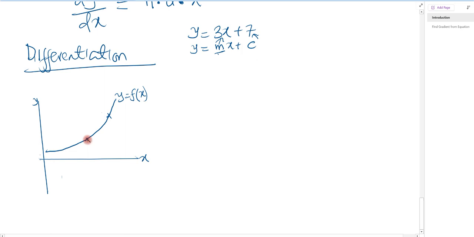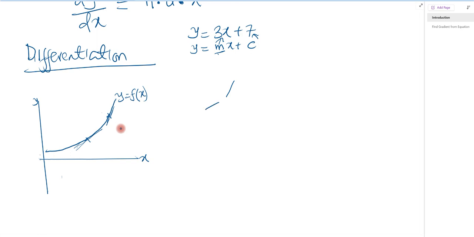If you try to put a line parallel to this, it would be something like this. A parallel line somewhere else won't be as slanted as compared to this one. Somewhere it's like this, and elsewhere it's like this.